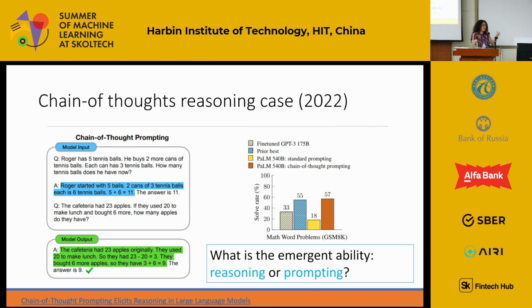So, a great increase. GSM8K was the first dataset collected at that time of word-based mathematical tasks, like Vasya bought 3 apples and Misha got 5 apples, how many apples did they get together. It's a bit more complex, but this type of tasks. And this was the moment when the model started to solve this task, because without chain of thought it was impossible if the task is in several steps.